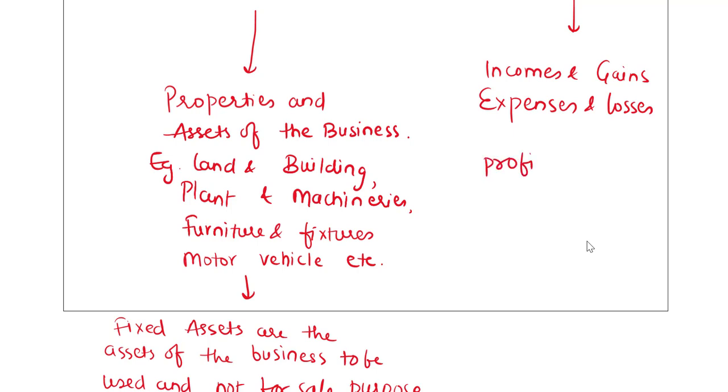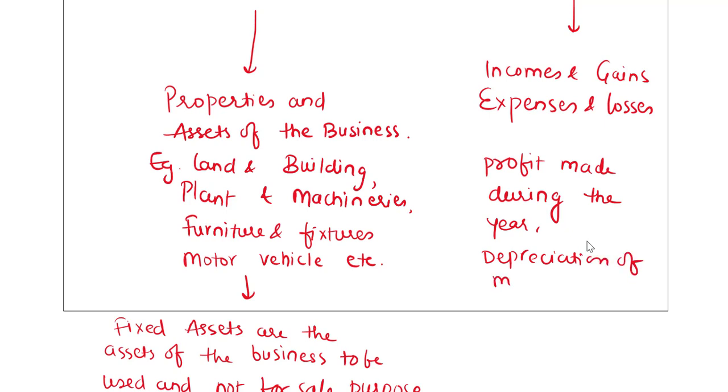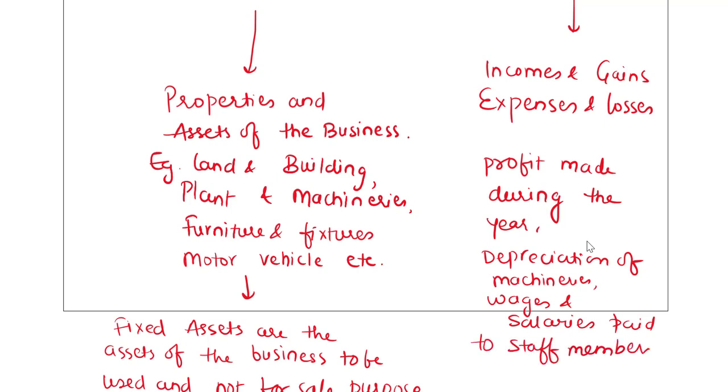Profit made during the year is a gain. Depreciation is an expense, so depreciation on machinery. Wages and salaries paid to staff members, etc.